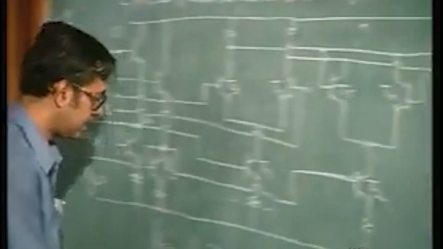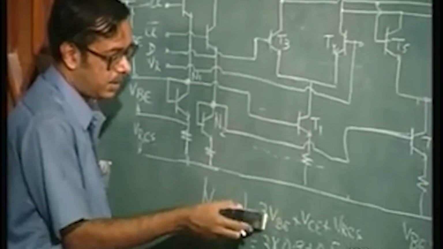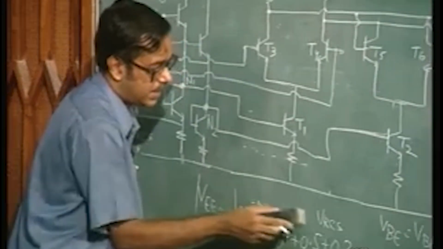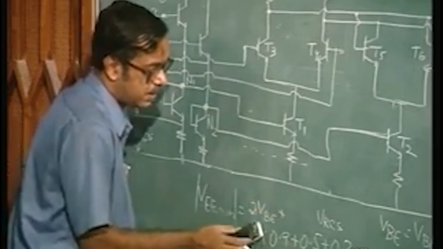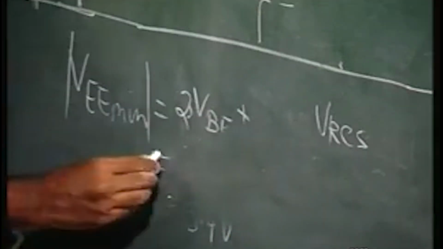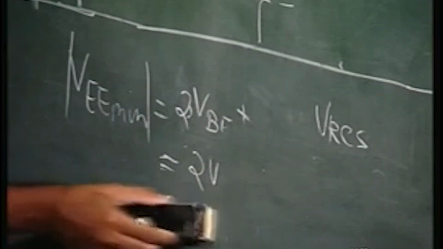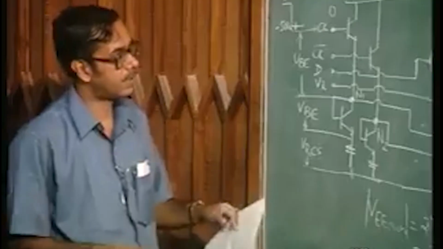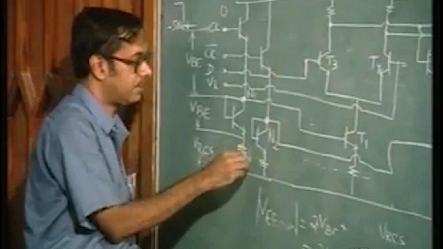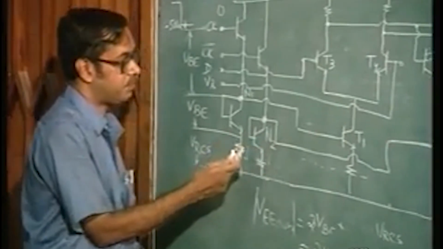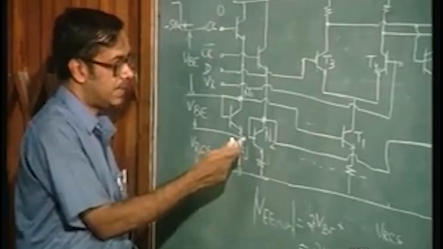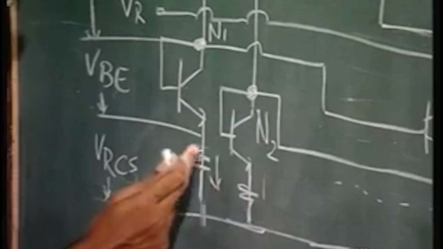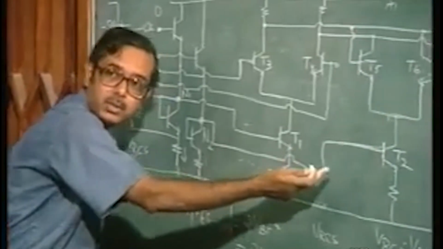So, here VE min is going to be twice VBE plus VRCS, which means it is as low as 2 volts. And also the current, of course, it is the sum of, see, what we want to say is that one of these is going to be on at a time, as well as one of these is going to be on at a time.